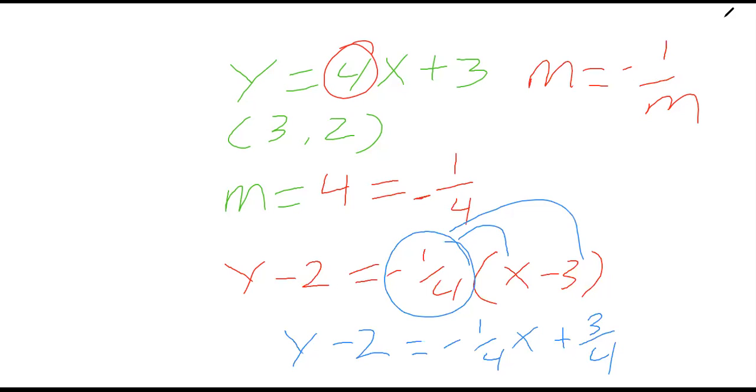Okay. So now, let me clear this because I'm running out of space. Let me just rewrite this. y minus 2 should be equal to negative 1/4x plus 3/4.